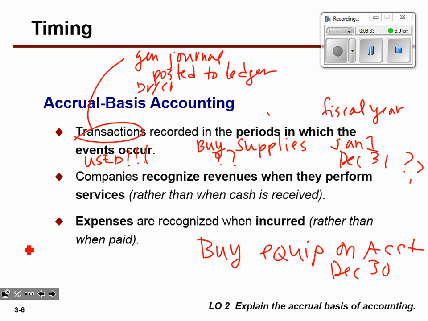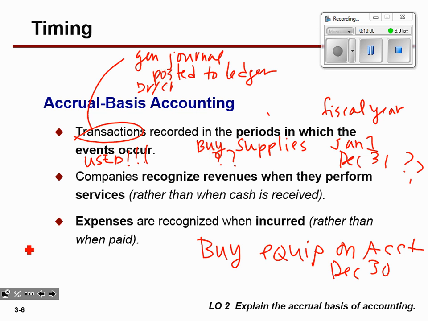We don't pay our bill till January, and we're ending our fiscal year at the same time as the calendar year. We're still going to say we bought that equipment now. We're not going to make it look like we bought it when we paid for it. We're going to say we bought that equipment when it happened.